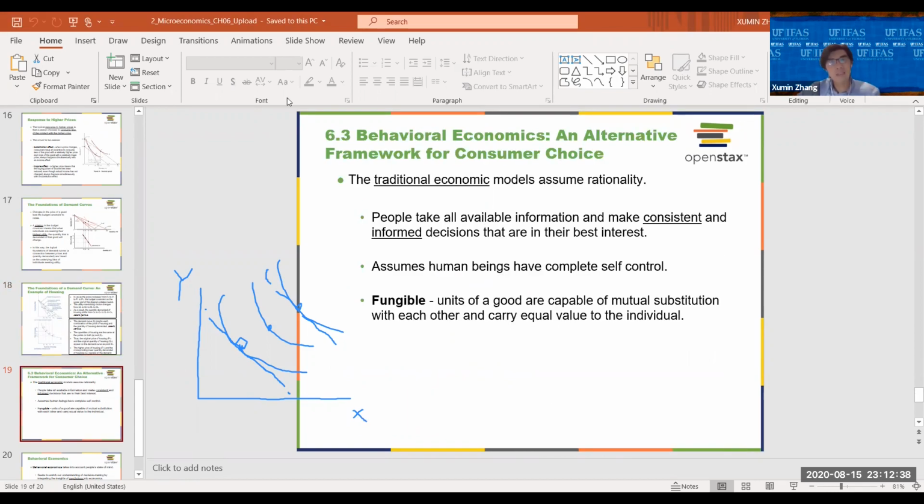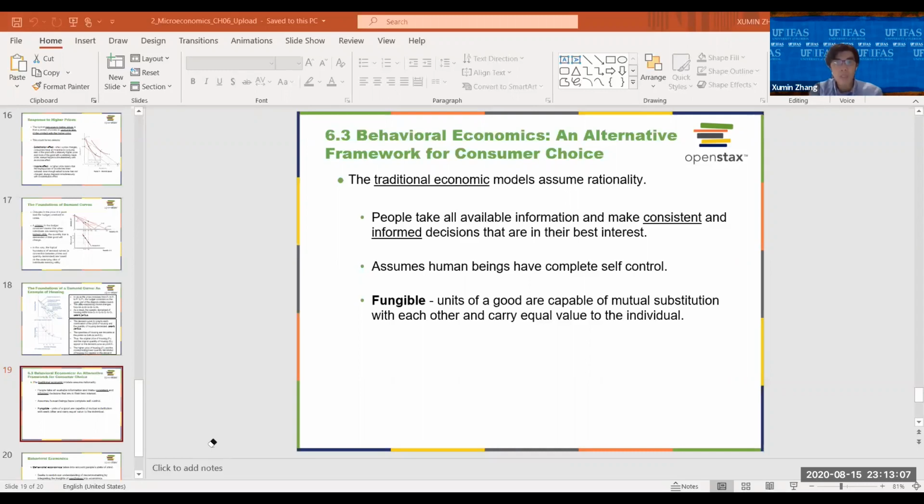A few slides talk about behavioral economics. So we have discussed utility, and we have discussed maximizing utility. This is all based upon the assumption that people are rational, because we are making consistent and informed decisions to maximize our utility.